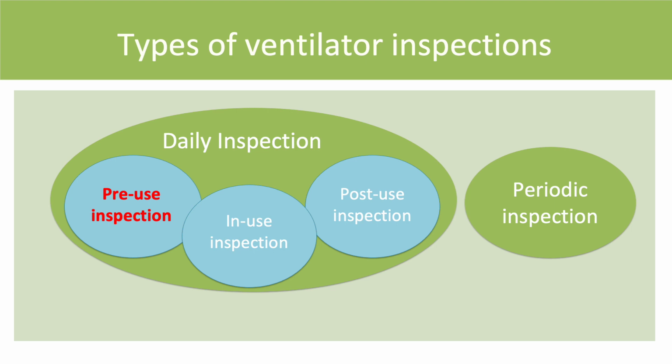In either case, the inspection must be performed at least once a year and the inspection records must be kept by the medical institution. The daily inspection can be divided into pre-use inspection, in-use inspection, and after-use inspection. In this lesson, we will go over the pre-use inspection as part of daily inspections.